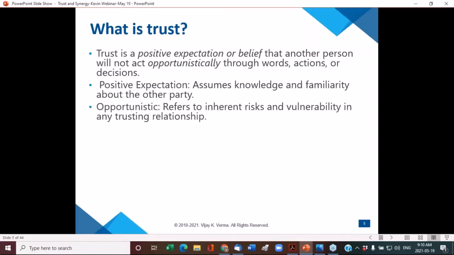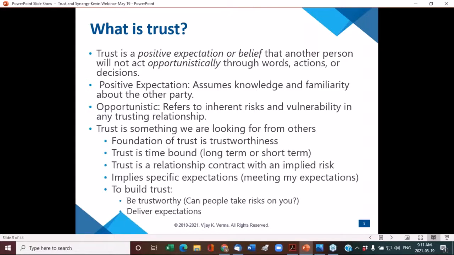And opportunistic refers to inherent risks and vulnerability in any trusting relationship, that they will not take advantage of me. That is more related to faith. I have faith in them, that means I trust them. So these two words are very important. You have positive expectations from people whom you trust, and you also believe and have faith that they will not take advantage of you.